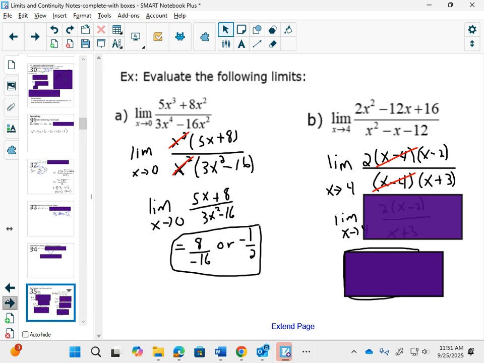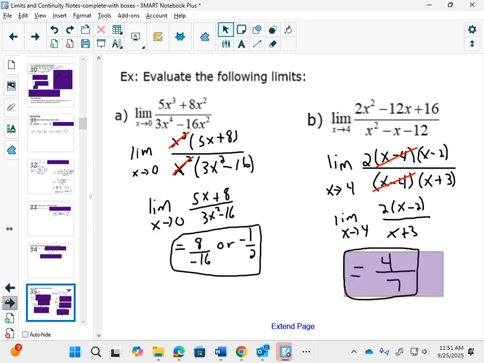And after you've simplified it, now it's perfectly fine to plug in 4. This graph would have had a hole at 4, 4/7. And so really, what is a limit on a graph with a hole? Well, if you're getting close to that hole, it's finding the y value as your x value gets close to the non-permissible value.